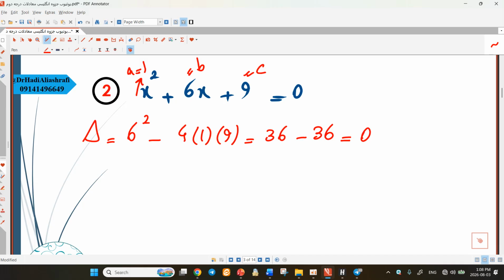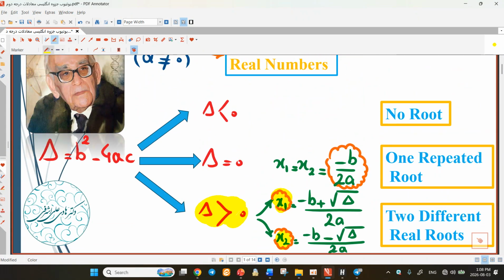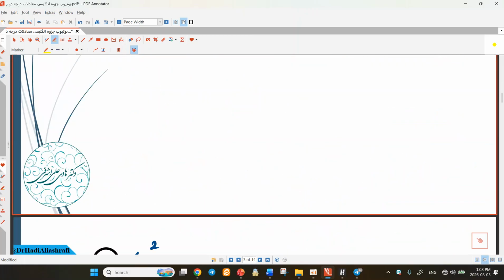Pay attention. When the discriminant is equal to 0, we have one repeated root. Okay? x1, x2 is equal to this formula, one of the fundamental formulas in mathematics. The equation has one repeated real solution.